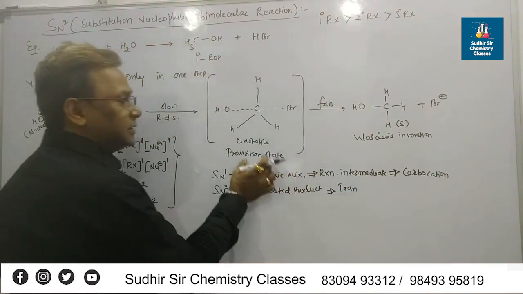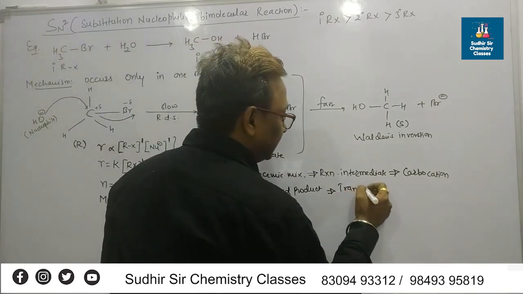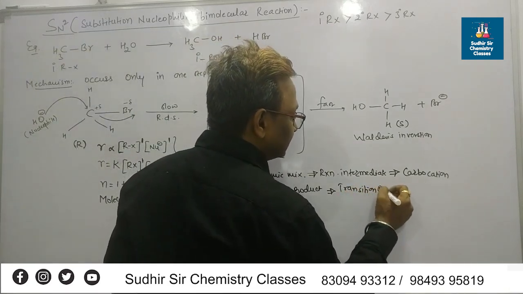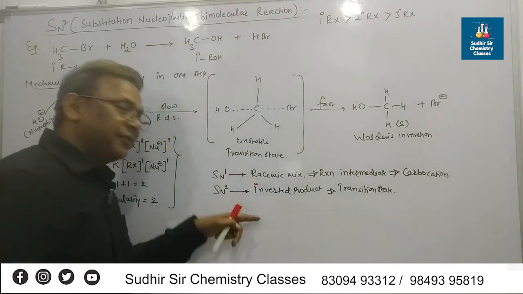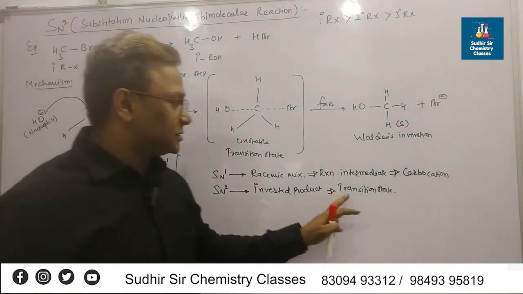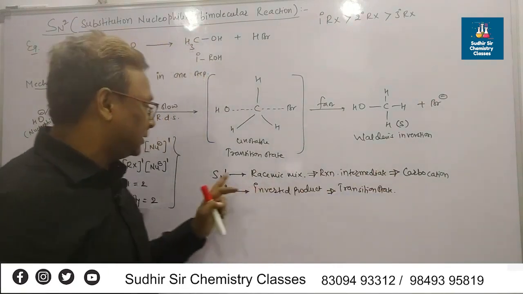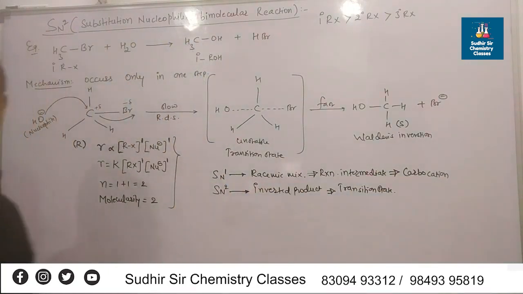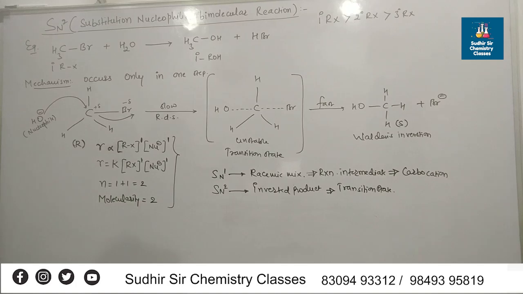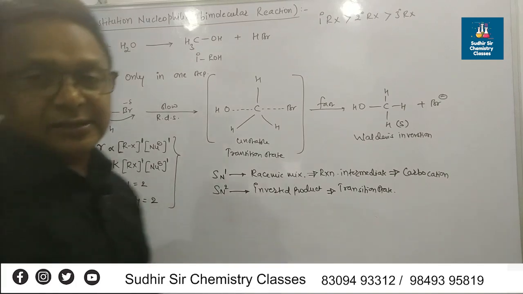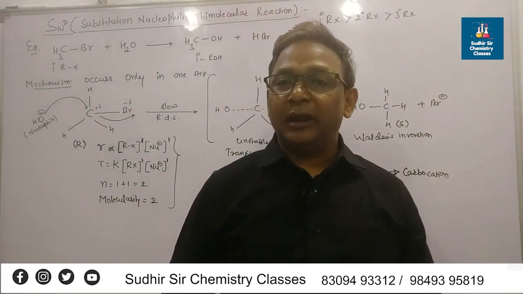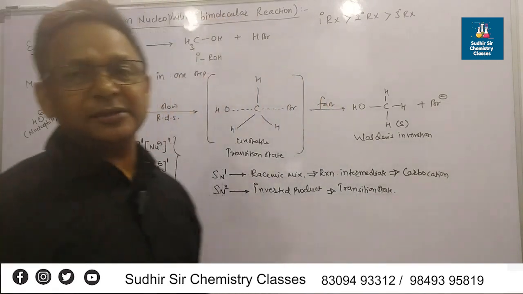See, this is called a transition state. This is the difference to remember. A transition state is obtained in SN2, but a reaction intermediate, the carbocation, is obtained in SN1, right? Now, beta, whatever we discussed in SN1 and SN2, we'll try to solve questions based on SN1 and SN2.